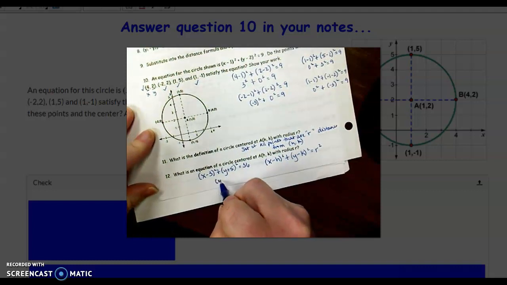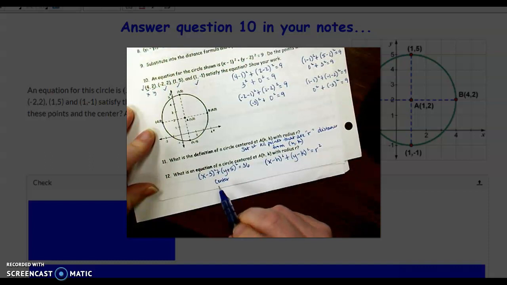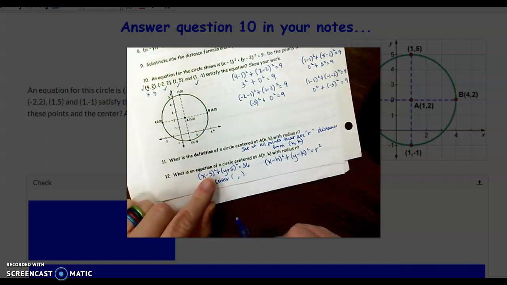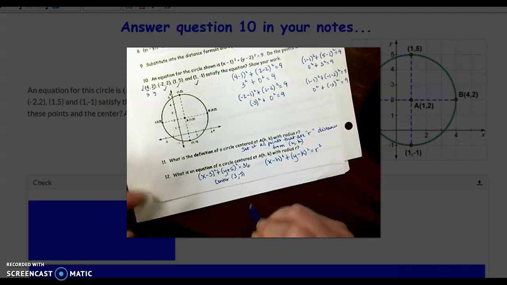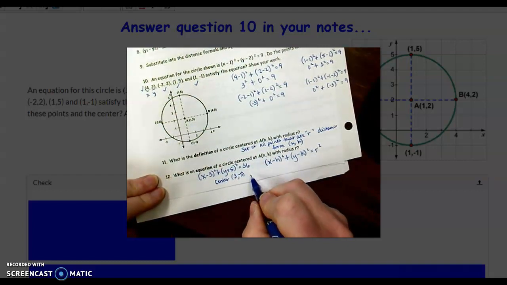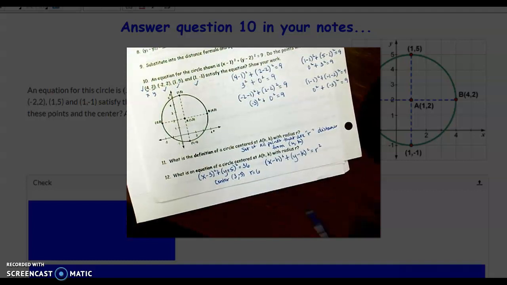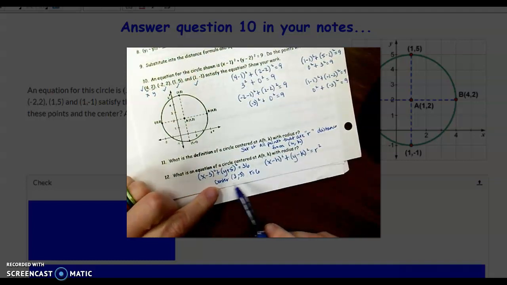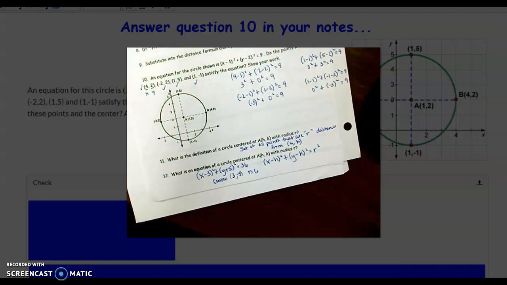So the center, remember, the equation has subtraction here. So the x and y coordinate actually is the opposite sign of what's in the parentheses. So the center of this circle would actually be a positive 3, negative 5. The radius is being squared, so you'd have to take the square root of that to know that my radius is 6. So looking at an equation, we should be able to identify the center and the radius.